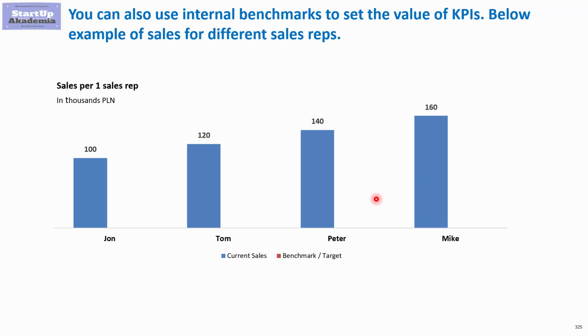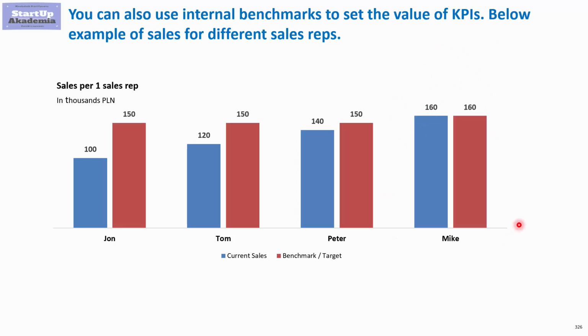And obviously on that basis you could set the goals for the rest. Let's assume that we will set the target to be 10,000 lower than the highest sales, which is Mike's. So we would have something like that. For Mike it would be 160, so what he has now, and for the rest it would be 150. So we got the value of the KPIs by looking at the best and then somehow deducting from that some safety level.